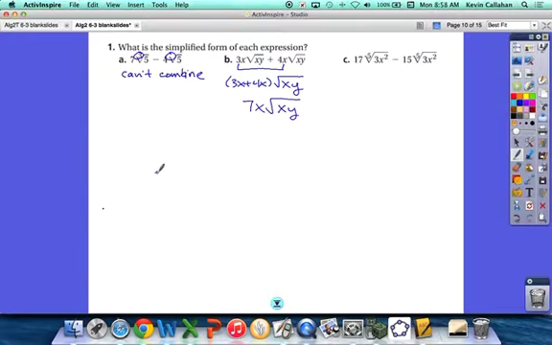Don't change the radical. How about the last one? They're like radicals. They've got indexes of 5, radicands of 3x squared. So combine the coefficients. What do you get? 17 minus 15, 2.